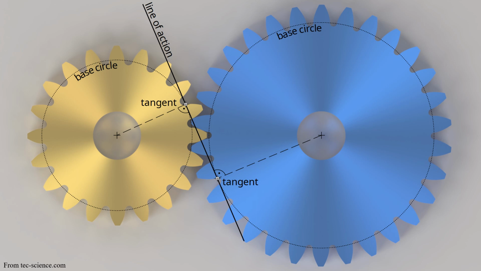So in this figure, you can assume that there is one input side over here, and this is the output side. Now, on the input side, you can see the base circle indicated as a dotted line. Here it is.